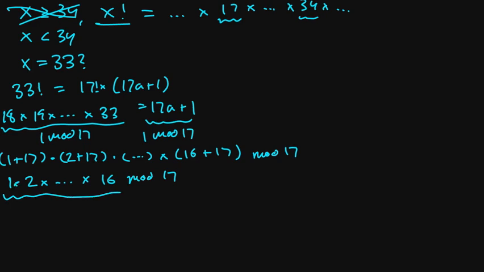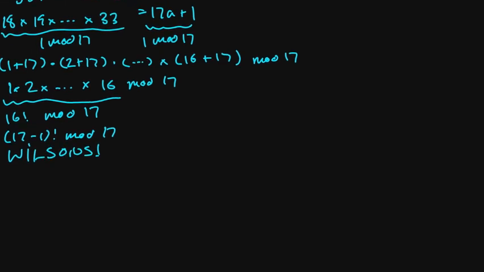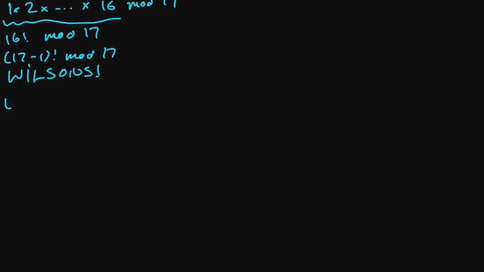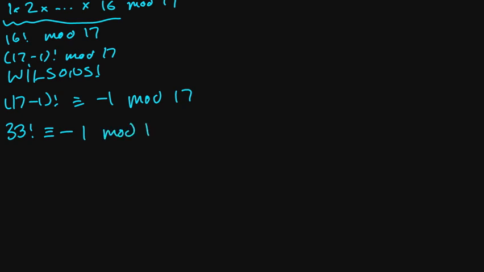This right here is simply equal to 16 factorial mod 17. And we know that this is equal to 17 minus 1 factorial mod 17. And finally, we're going to use Wilson's theorem: we know that 17 minus 1 factorial is congruent to negative 1 mod 17, right?